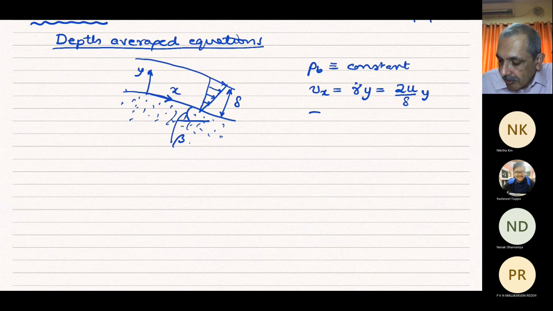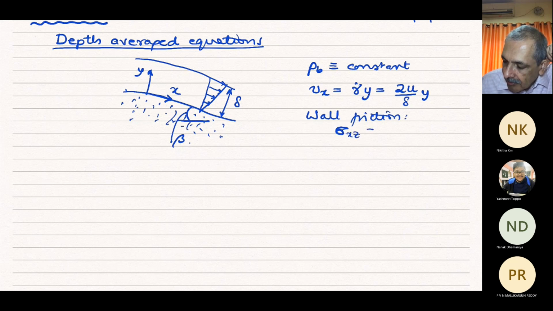And there also we have said that wall friction is given by sigma xz equal to mu w into sigma zz. So this is the normal stress on the wall.